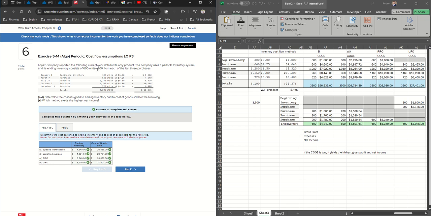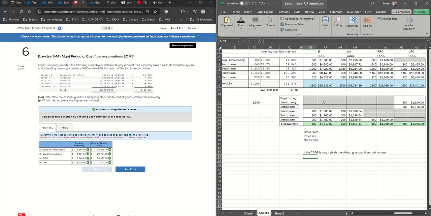But something clarifying that information says that 200 from each of the last three purchases, so that means from July 28th, October 3rd, and December 1st, so 200 for each one of these groups were left. So this is a very important data that we have to recognize.